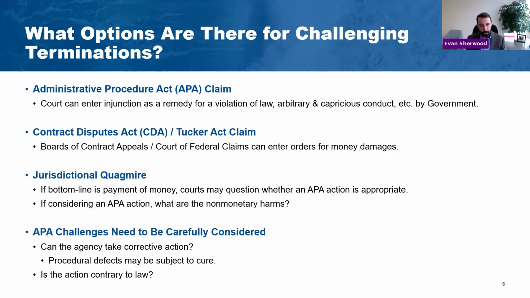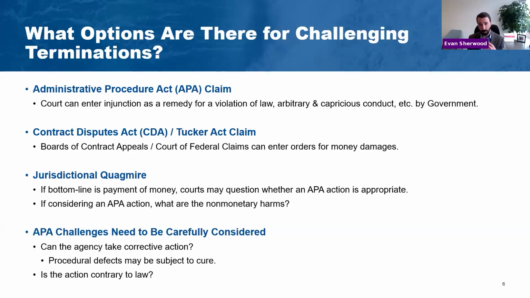If you have a government contract dispute with the government, you're probably looking at one of a few jurisdictional statutes. The Administrative Procedure Act, which gives courts authority to enjoin violations of law or arbitrary and capricious conduct, or the Contract Disputes Act or Tucker Act, which the Contract Disputes Act gives the Board of Contract Appeals and the Court of Federal Claims authority to enter orders for money damages.